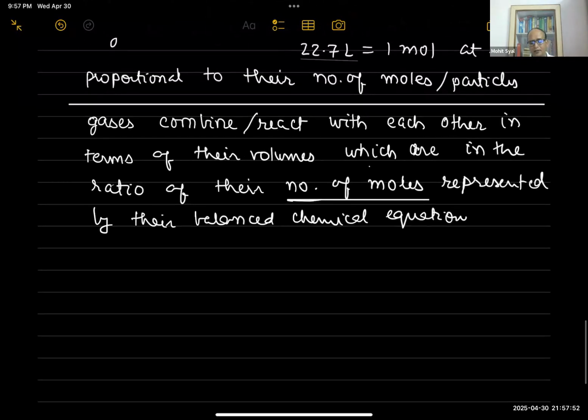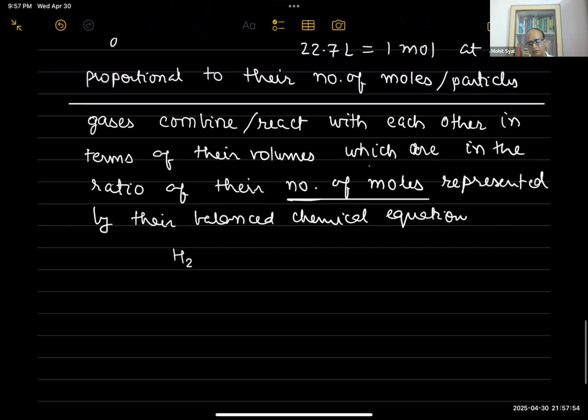Is it clear? For example, H2 and O2 gives H2O, right? So if I take 4 ml of hydrogen gas to react completely, how many ml of oxygen gas will be required? 2 ml.